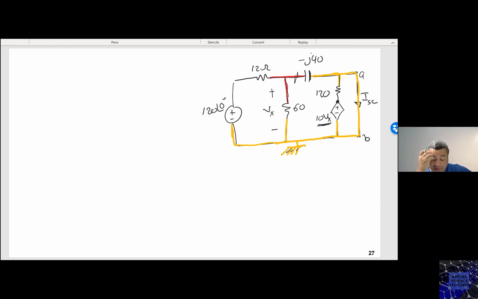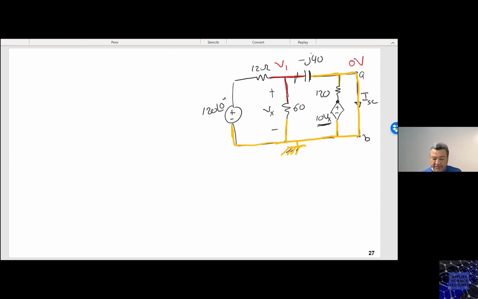But what's this going to do to me? If I am to do nodal analysis, and I say that this one is V1, this potential here is 0, right?